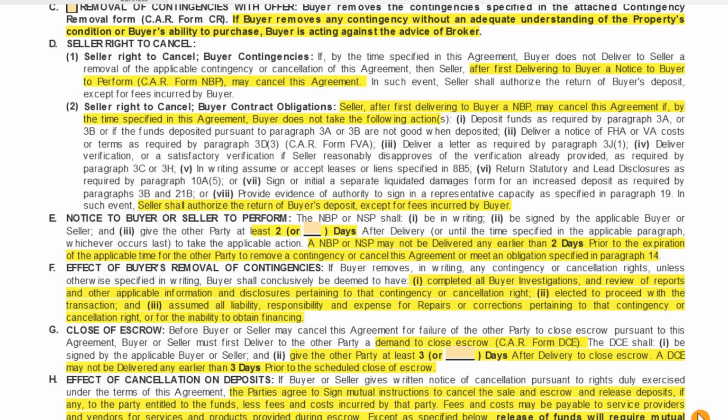Those would typically go to escrow or service providers or other vendors that have already performed services in the course of the escrow. And except as specified above, release of funds will require mutual signed release instructions from the parties or a judicial decision or arbitration award.